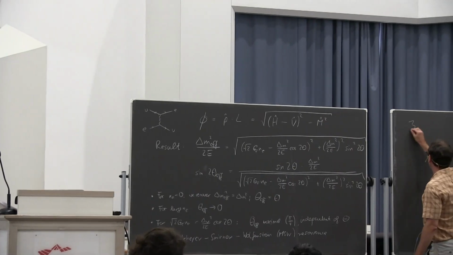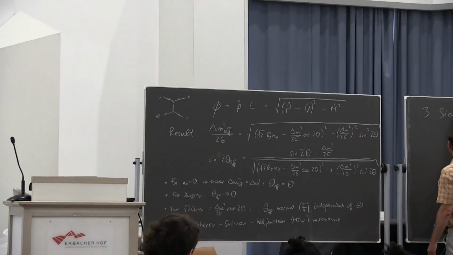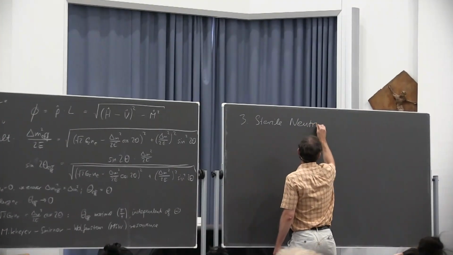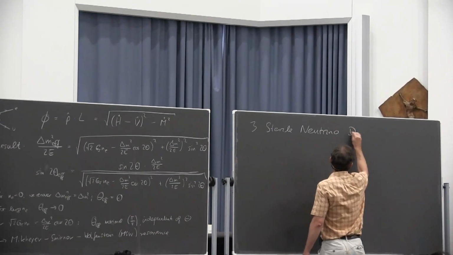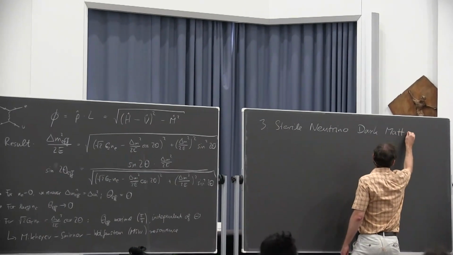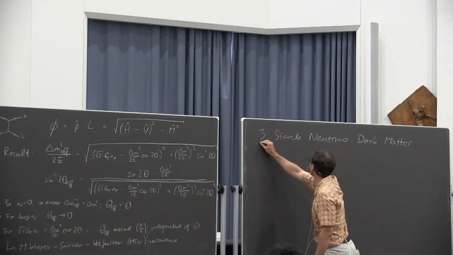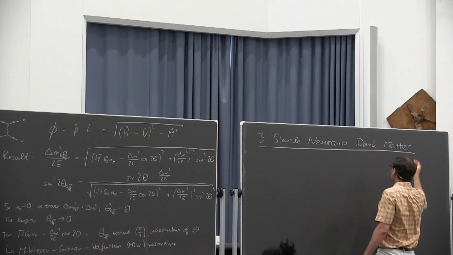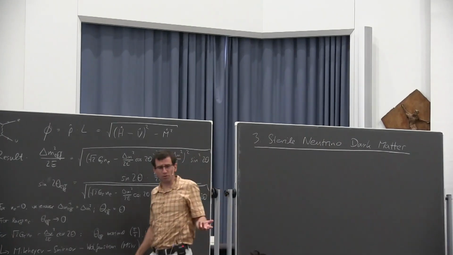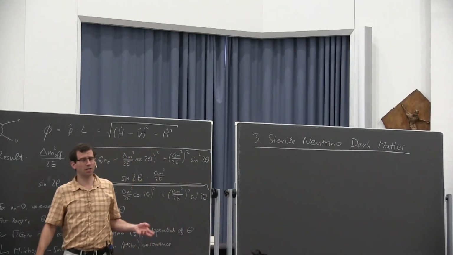Okay, so let's call this 3, sterile neutrino dark matter. So the idea here is, well, a sterile neutrino is a neutral particle.